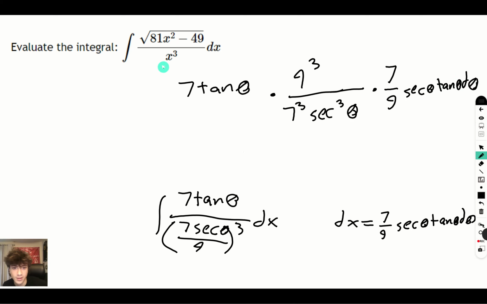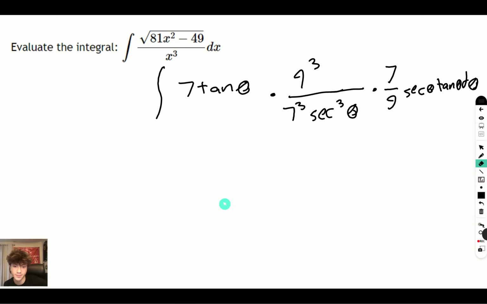Let's do a little bit of cleaning up, see what we can factor out from here. This 7, and 2 of these 7s cancel out. One of these 9s and one of these 9s is going to cancel out, and also one of these secants against this secant, and then we're left with the integral, this tangent times this tangent.